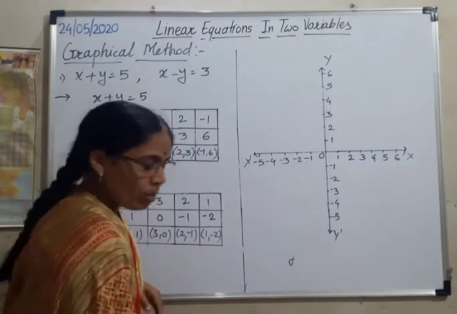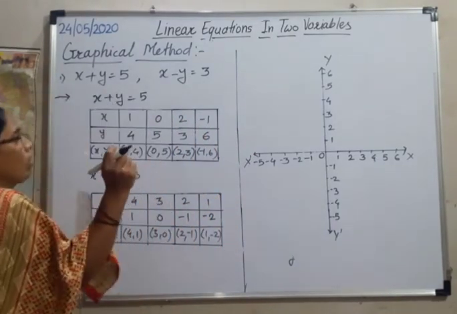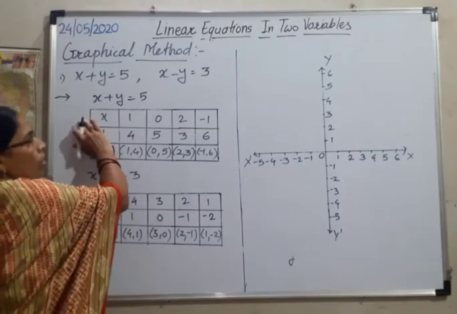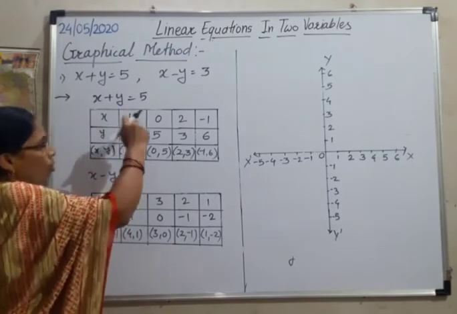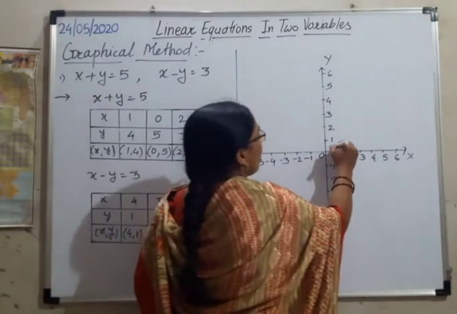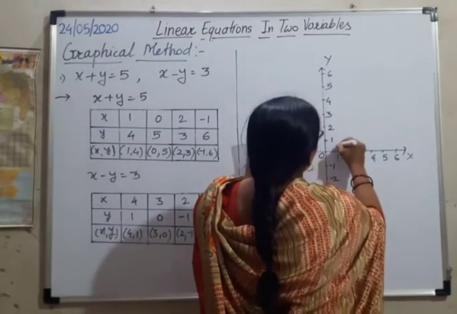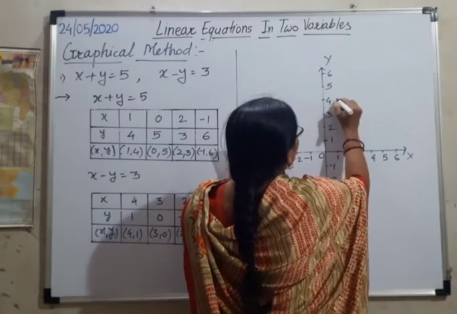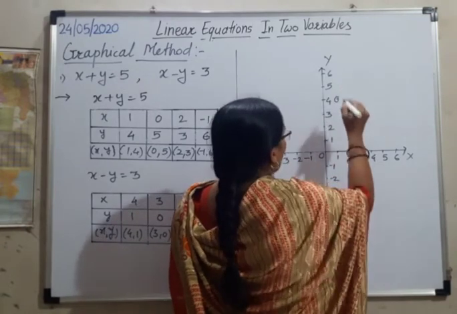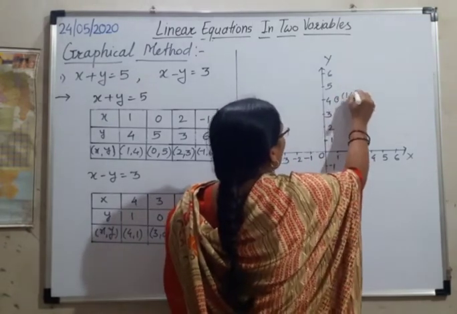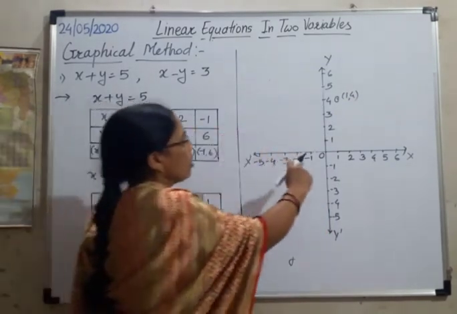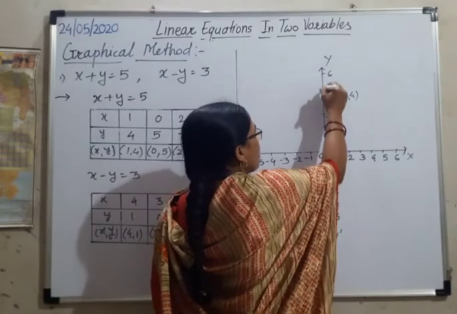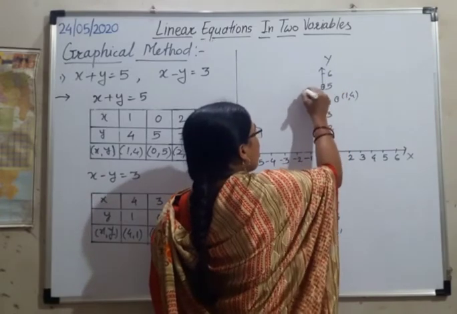Now first we have to plot the four points of the first equation. The first is 1 and 4, so 1, 4 will come here. Then the second point is 0, 5: x coordinate is 0 and y coordinate is 5, so it will come here.